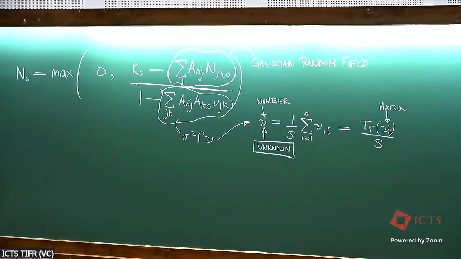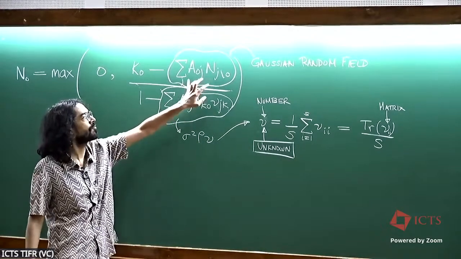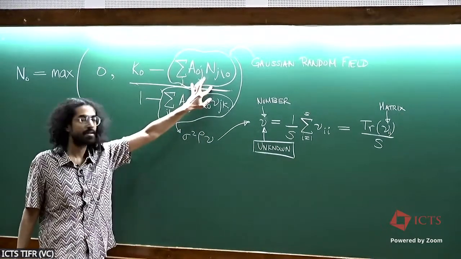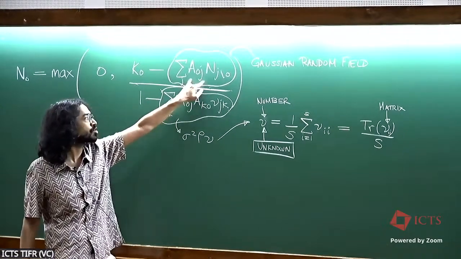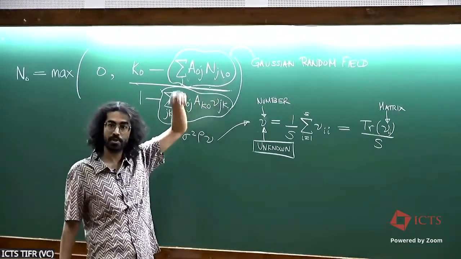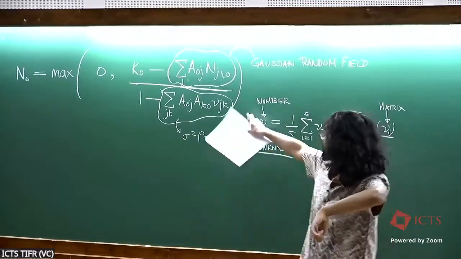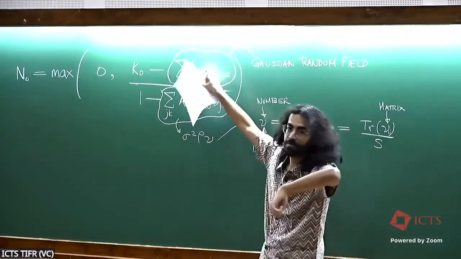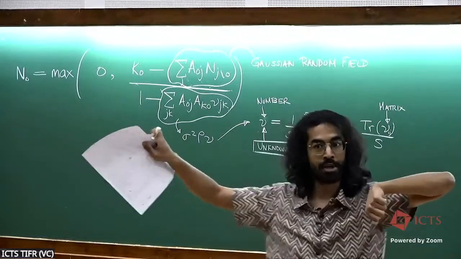The argument we are trying to make is that this is a sum of many, many random variables. The components of each of these random variables are A0J and Nj without zero. Nj without zero is the abundance of species J before you perturb anything, and A0J is how this species affects the cavity species. Both of them you expect to be uncorrelated.